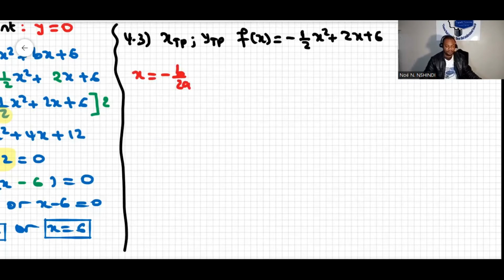Over here, I will substitute the values of a and b. So b here is +2, and a is -1/2. You can notice already that the negative signs will cancel out, and then we have 2 divided by 1/2, which is equal to 4.